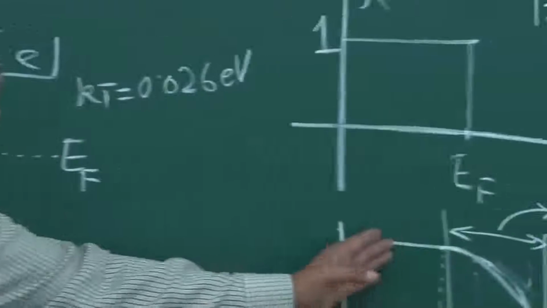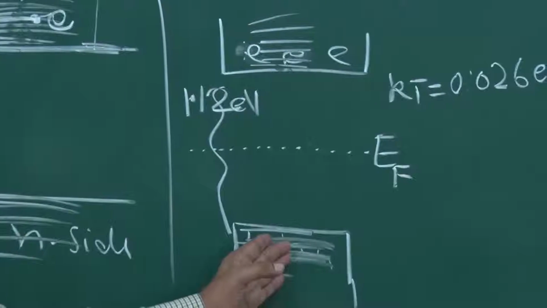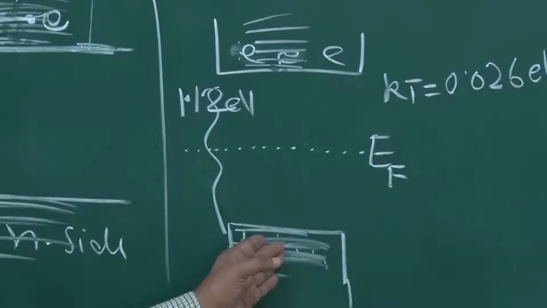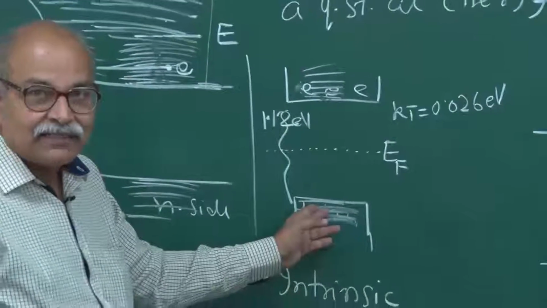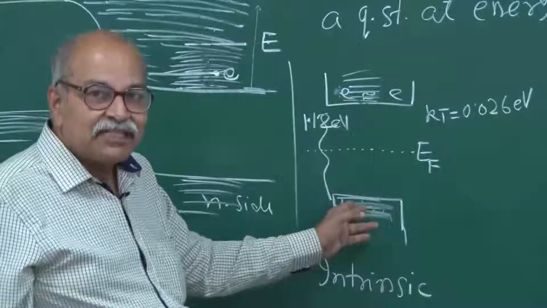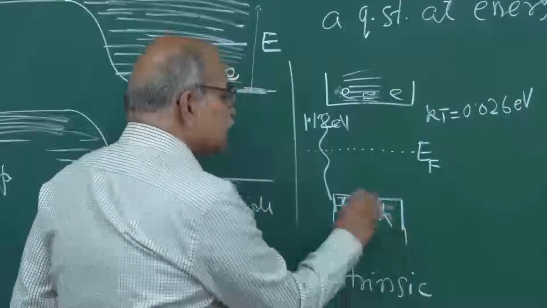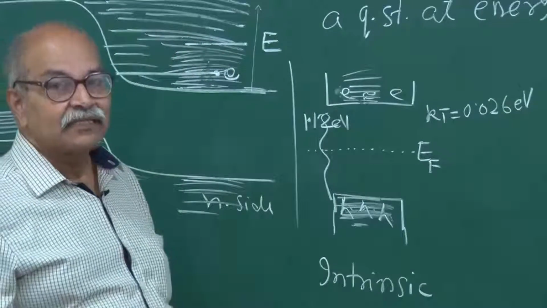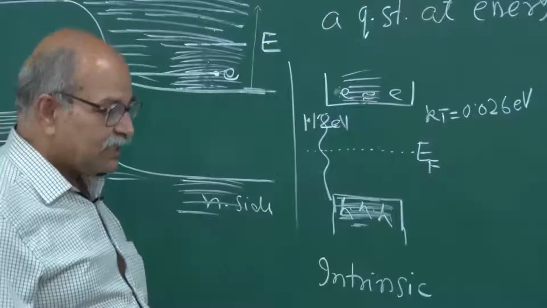So the probability that it is not occupied, which is 1 minus Fe, so that there is a hole there, is again very, very small, and so only a few holes will be there. So that's the kind of picture when you have an intrinsic semiconductor.